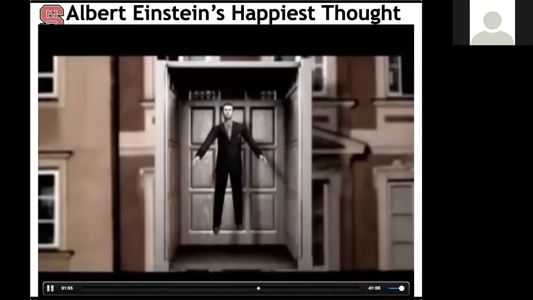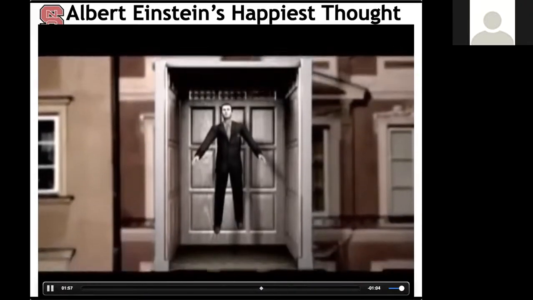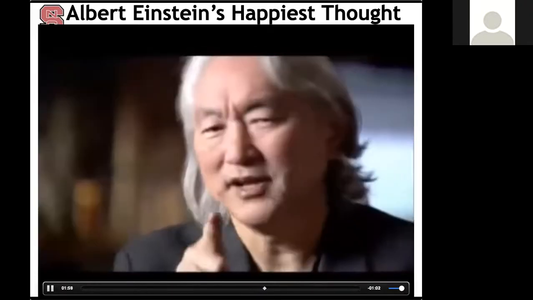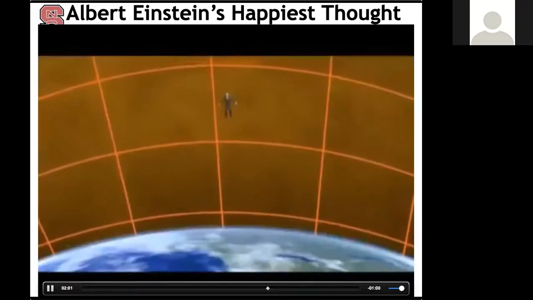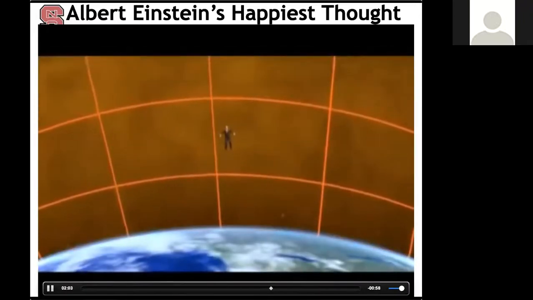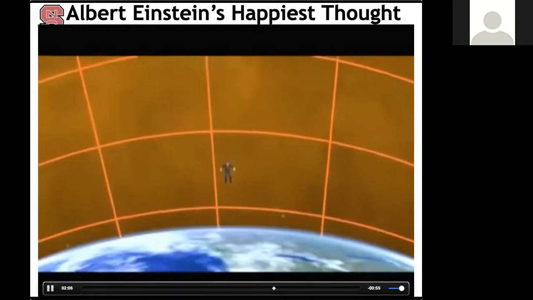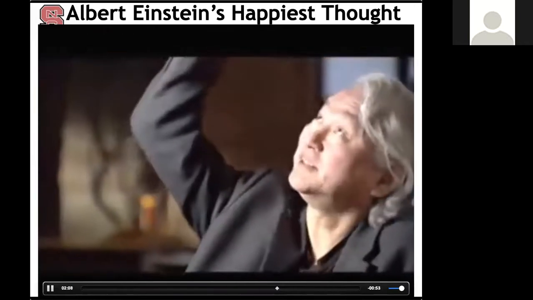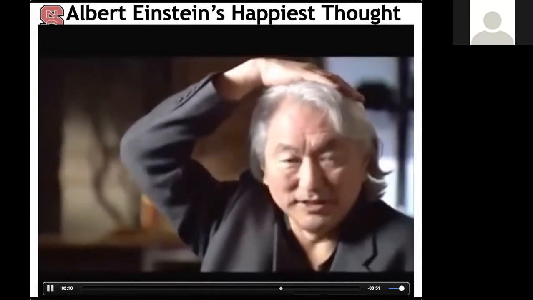You fall. But the elevator falls at the same rate you do, so you are weightless inside the elevator. So then Einstein got it. There is no such thing as gravitational pull. The Earth has curved the space around me, and space is pushing me into this chair. Space itself can be curved.